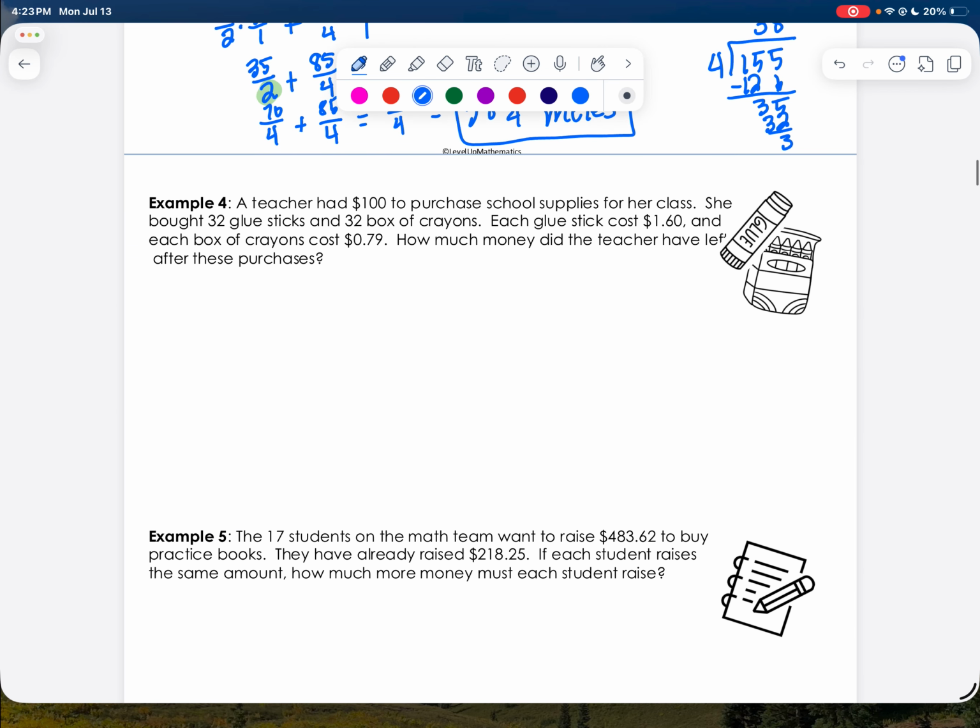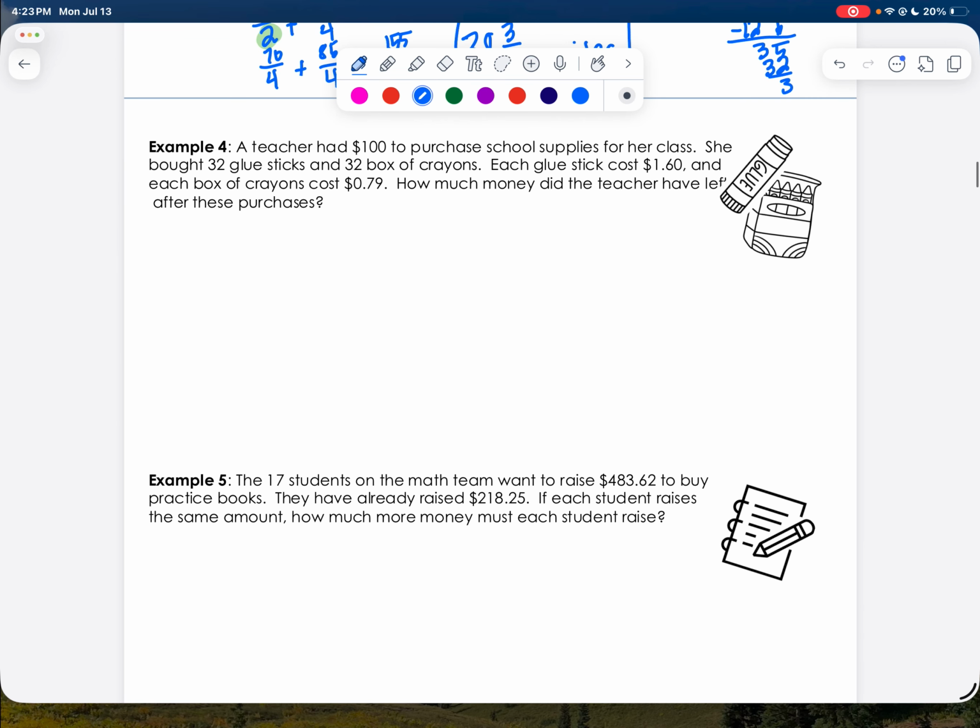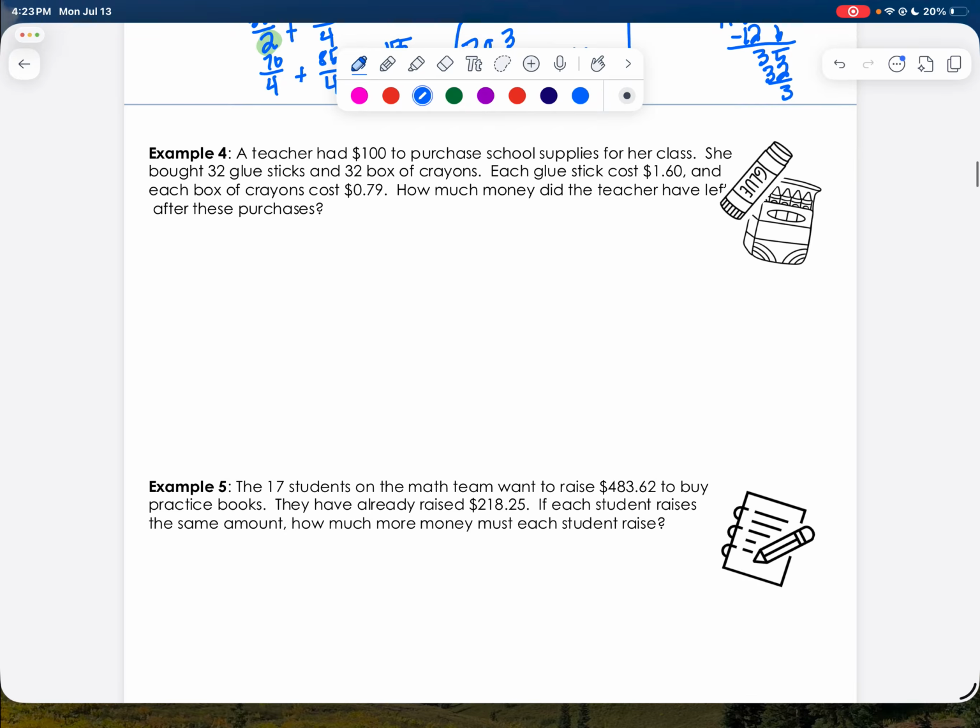All right, example 4. A teacher had $100 to purchase school supplies for her class. She bought 32 glue sticks and 32 boxes of crayons. Each glue stick cost $1.60 and each box of crayons cost 79 cents. How much money did the teacher have left after these purchases? So what we're going to do is take the $100 she had and subtract the amount she spent.